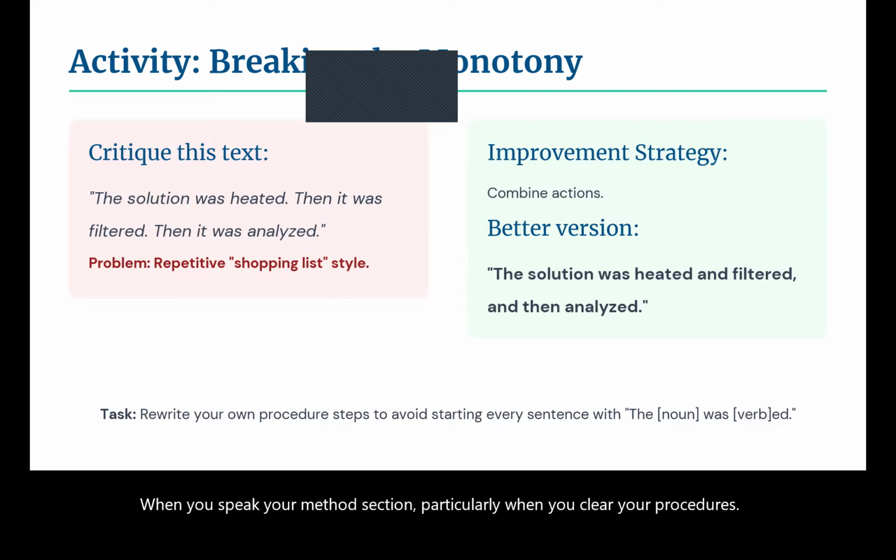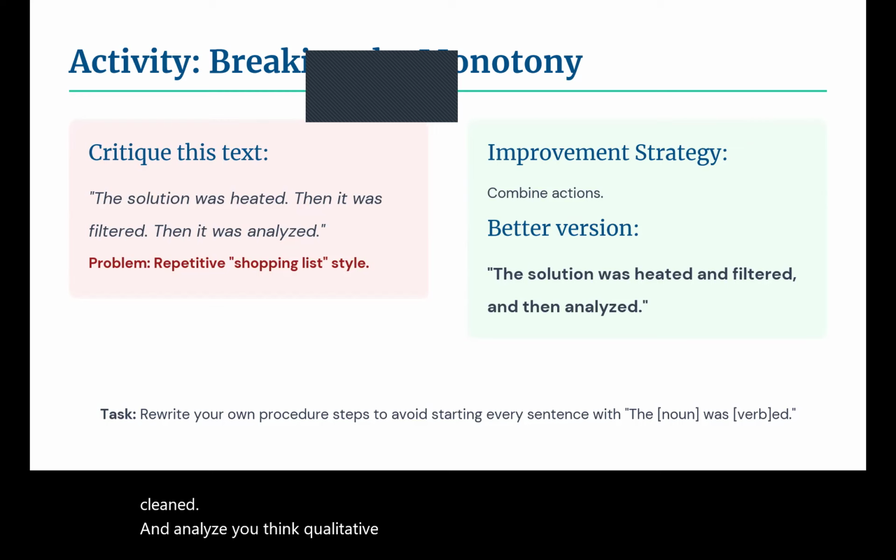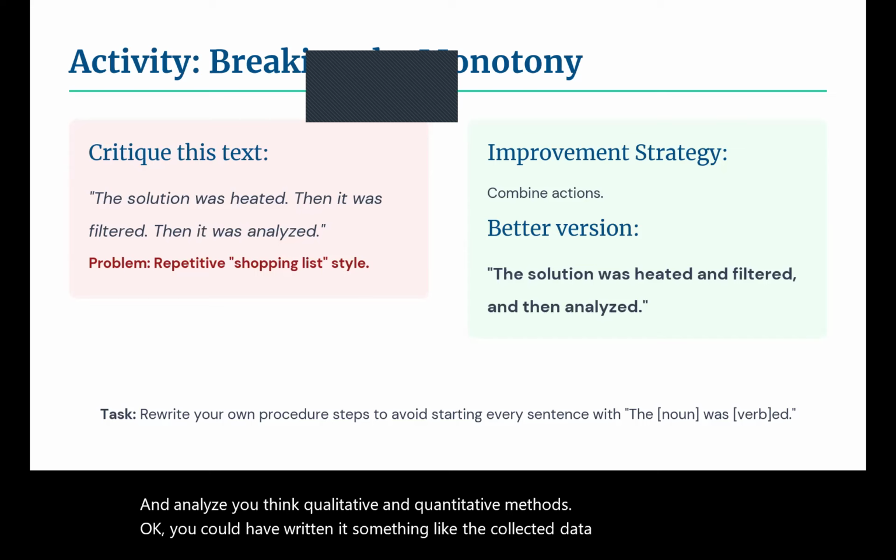Now, Risma, you are also going into a completely passive sentence. Okay. The collected data were cleaned and analyzed using qualitative and quantitative methods. You could have written something like: the collected data were cleaned, full stop.